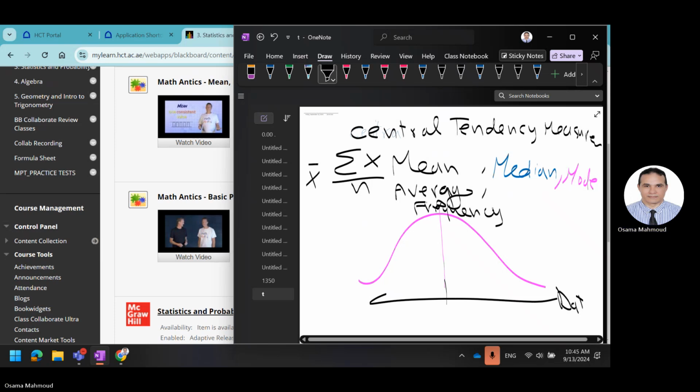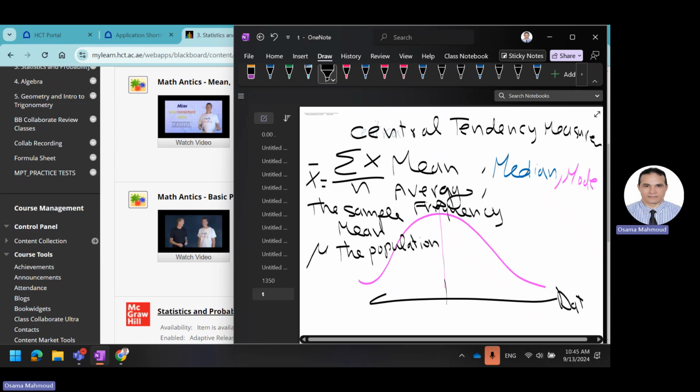We use this symbol for the sample mean. But for the population, we use this notation, which we call the population mean. What is the difference between sample and population? A sample is a part of the population. Catch it? Okay.